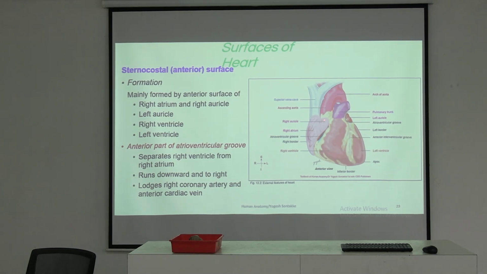So, the right atrium and right auricle, right ventricle, left ventricle, and also another tongue-shaped projection called the left auricle, form the sternocostal surface.